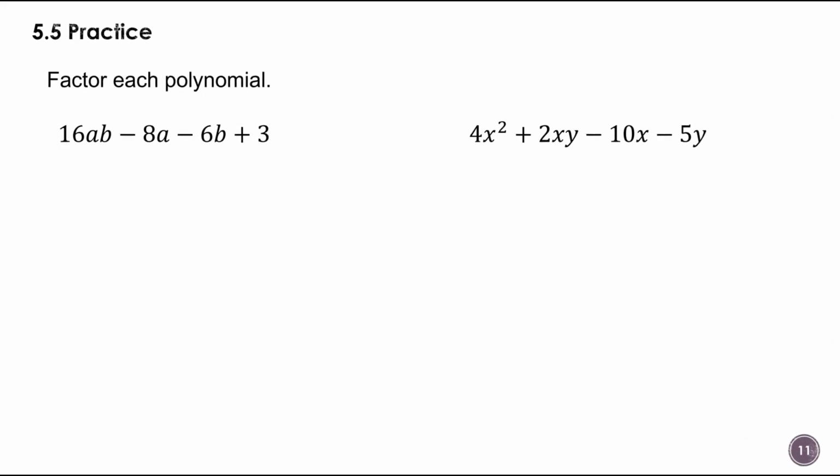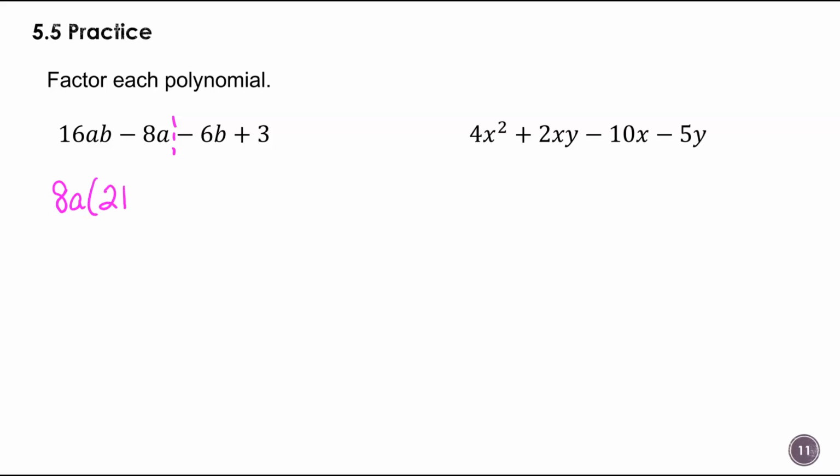Alright, and then the next 2, this is it for this section, right? Okay, so we're going to split these into 2 groups. And on my first group here, my common factor will be an 8a.